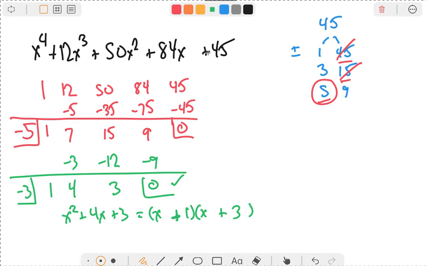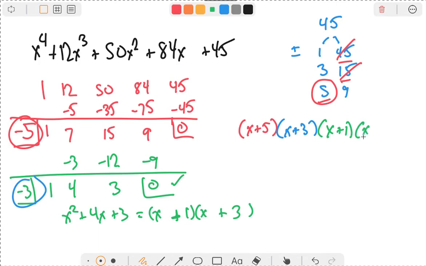So those are my other two. So I add the factor from here. That negative 5 gives me a factor of x plus 5. This negative 3 gives me a factor of x plus 3. And then from down here, I got that factor of x plus 1 and x plus 3.